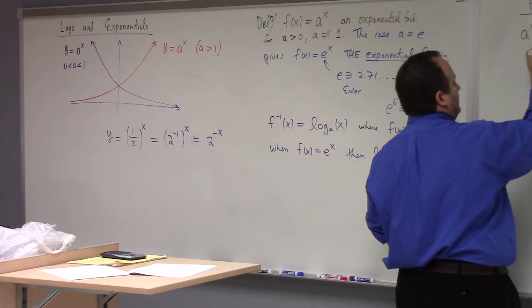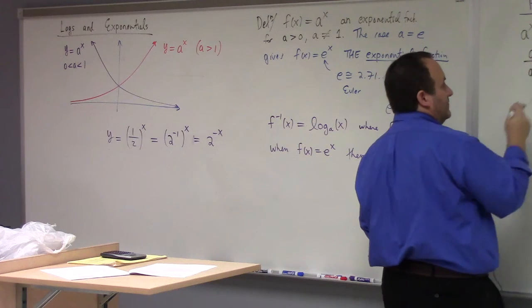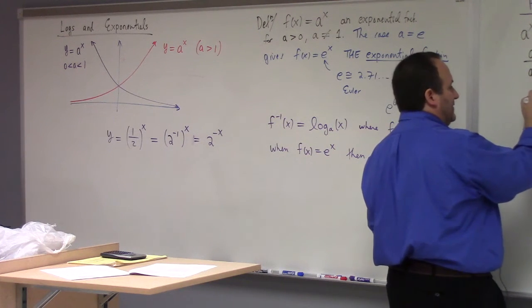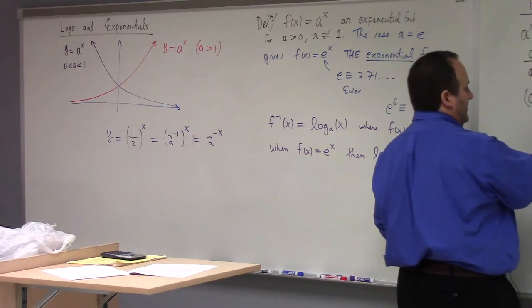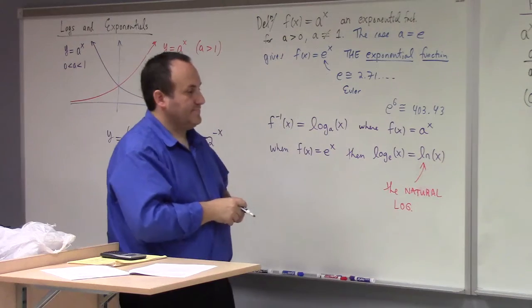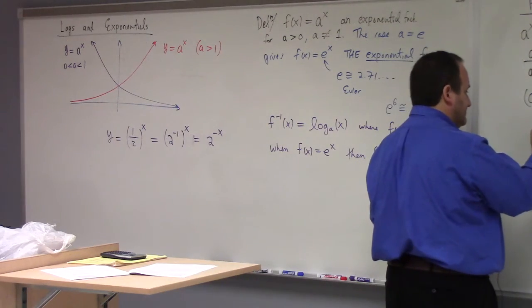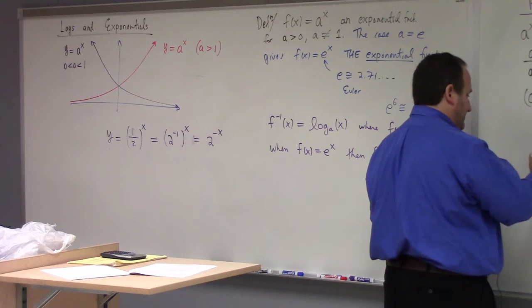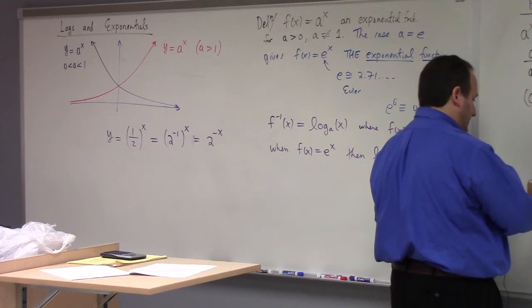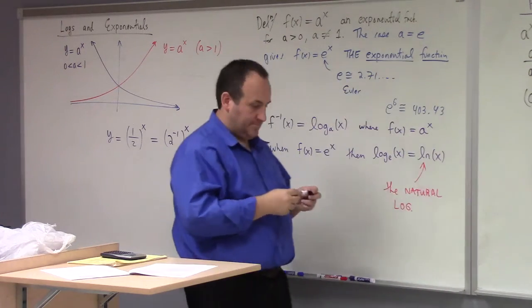If we have a to the x over a to the y, what do we get? If we have a to the x to the p power, what do we get? What's a to the 0? What's a to the 1? What's a to the minus 1? Let's talk about these.